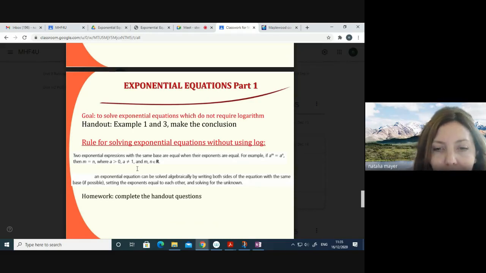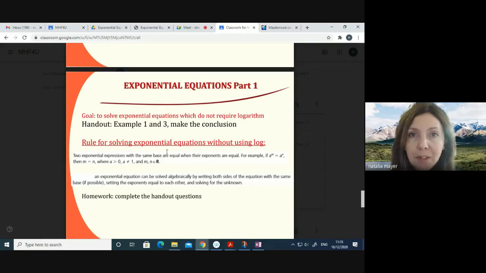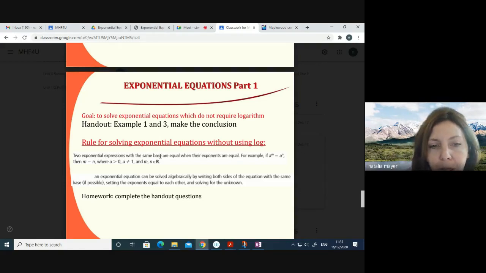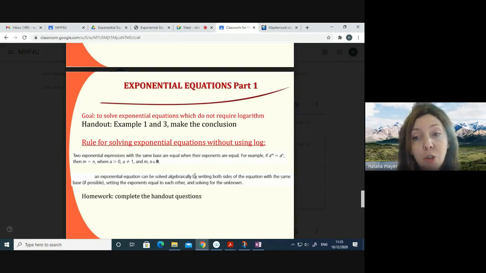Based on this concept, we have the idea about how to approach those exponential equations. All you need to do to solve an exponential equation is to write both sides of the equation with the same base whenever it's possible, and then afterwards you drop the base and set the exponents equal to each other.